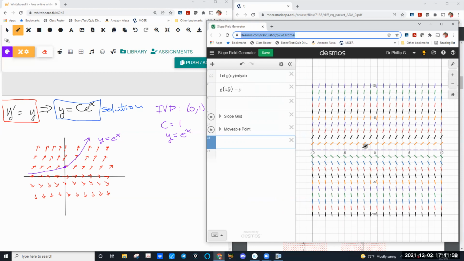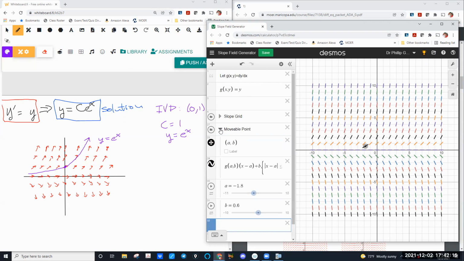Okay, so right here is where I define my slope field. G of x,y equals y. So what they're calling G of x,y, we're calling y prime. So you can see how we have basically that same slope field. Now they do have this movable point, which basically will give us the slope at any point in the slope field.